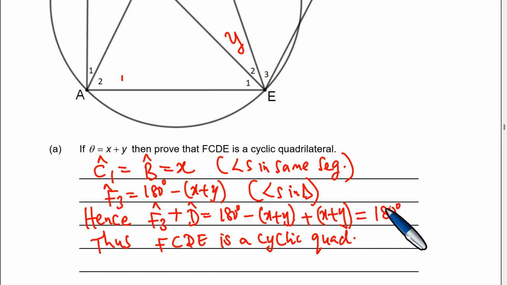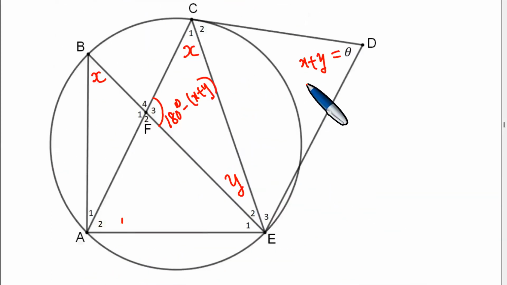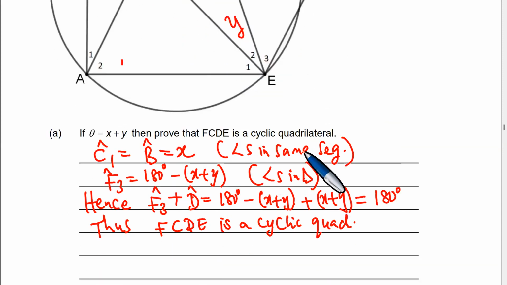Obviously, we need to prove that they give 180. They give 180 because D we already know. What is D? D is X plus Y. Why is D X plus Y? Because it was given by the examiner. Next, what is F3? F3 is 180 minus (X plus Y). So these two cancel out, which means F3 plus D is 180 degrees.